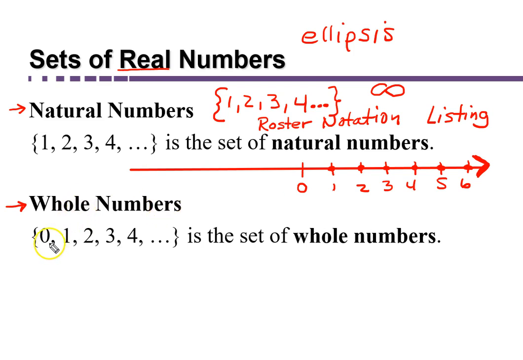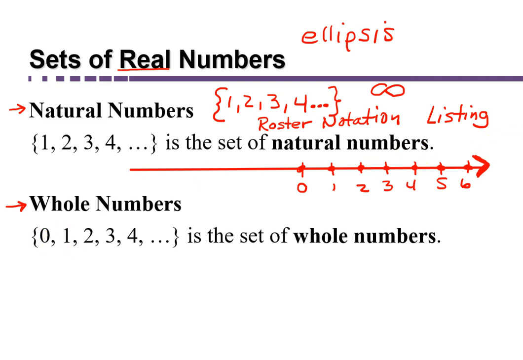And the answer is we add a 0. So just by adding a 0 and graphing it here, we now have made the graph of the set of whole numbers. Everything else is the same, except now we have added one element, that is a 0.